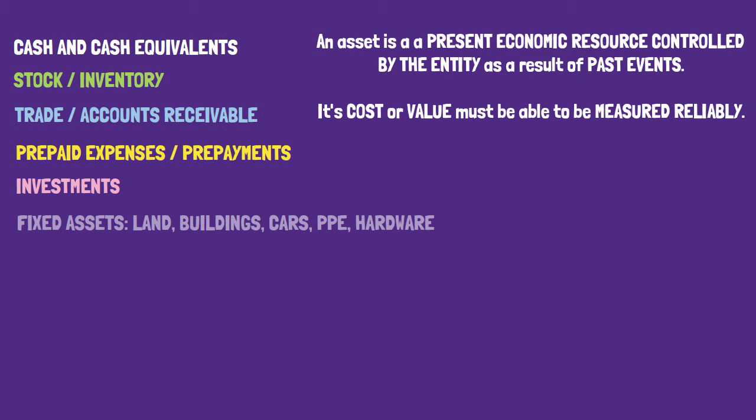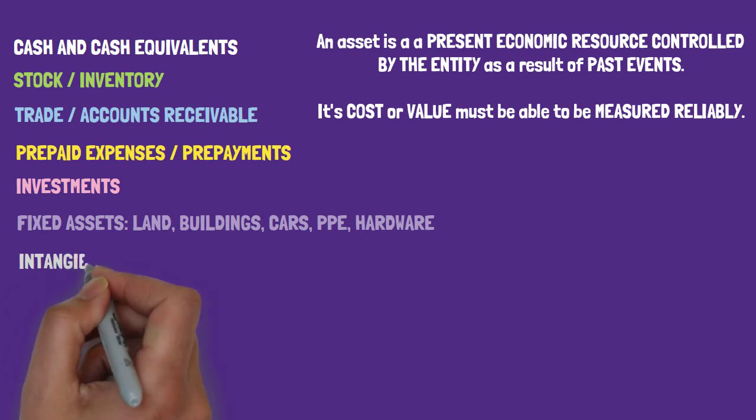Okay? So they are something that helps create value for the company, either through the creation of products and services, or through the enhancement of value for assets that already exist.